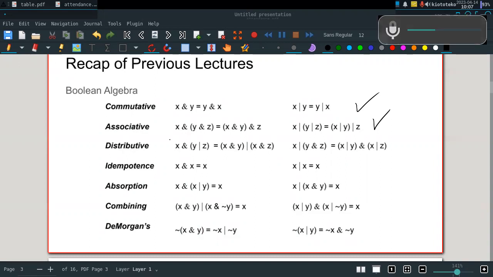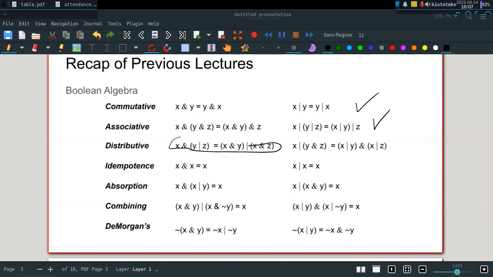In this case, with the multiplication operator, you can indeed distribute. But the opposite, you cannot do. You cannot just try doing this. This doesn't apply to ordinary algebra. So you can see that Boolean algebra doesn't necessarily conform to the properties of ordinary algebra.